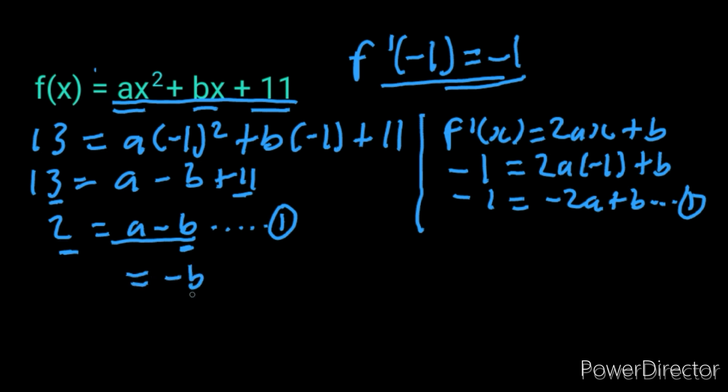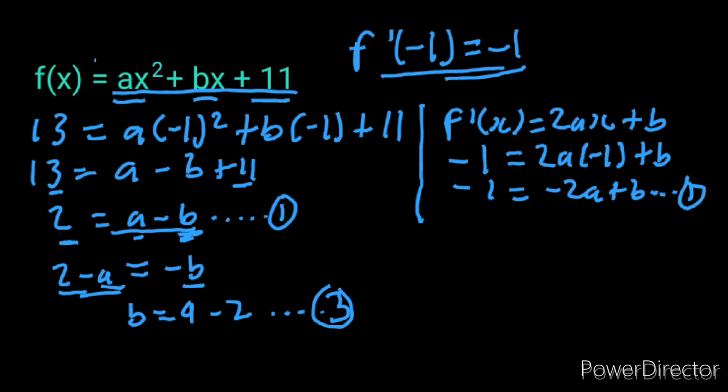We'll just remain with b on this side of the equation. Then we take a to the other side, so it's going to be 2 minus a. But if I switch sides, the signs are going to change, so b is equal to -2 plus a. Or we can have b is equal to a minus 2. So a comes this side, it becomes positive, 2 comes this side, it becomes negative. So this is going to be my third equation.